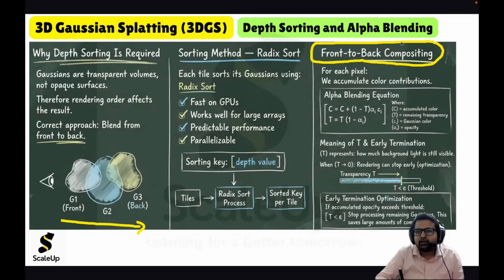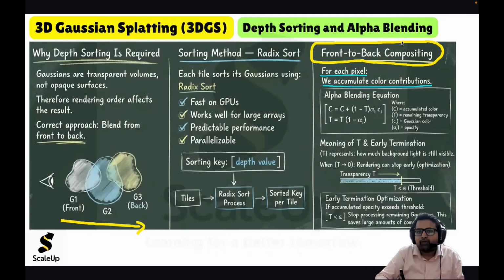For each pixel, we accumulate color contributions, because all the 3D Gaussians will contribute to a particular pixel. In a tile, a pixel's color value will be determined by all the 3D Gaussians contributing in that region. That is what alpha blending is.